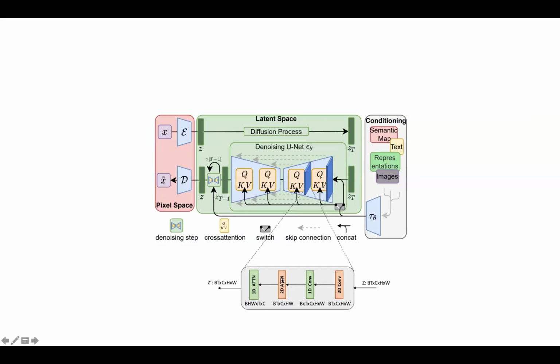We have 2D attention in terms of the spatial dimension, across space, and we also have 1D attention that spans across time. Again they decompose into 2D and 1D, and initialize the 2D attention from the pre-trained 2D stable diffusion model.